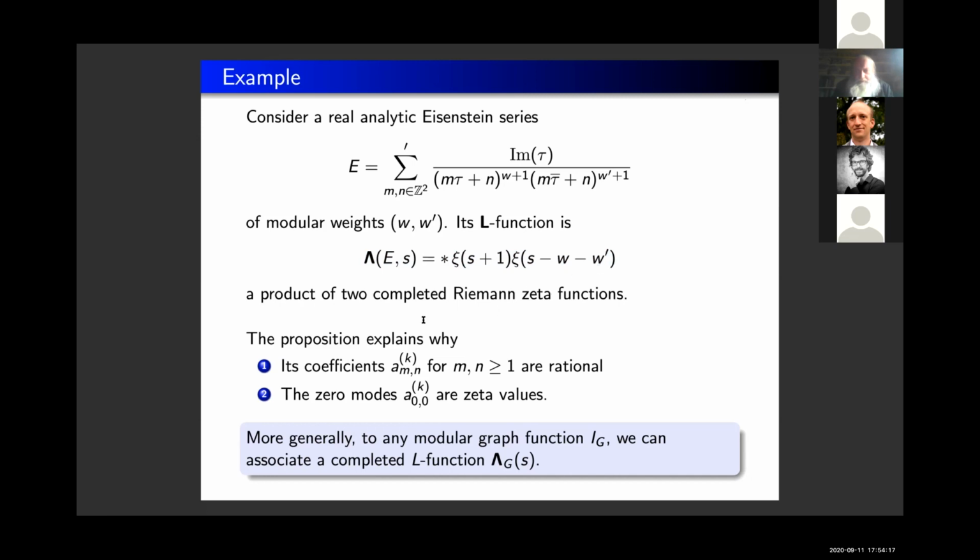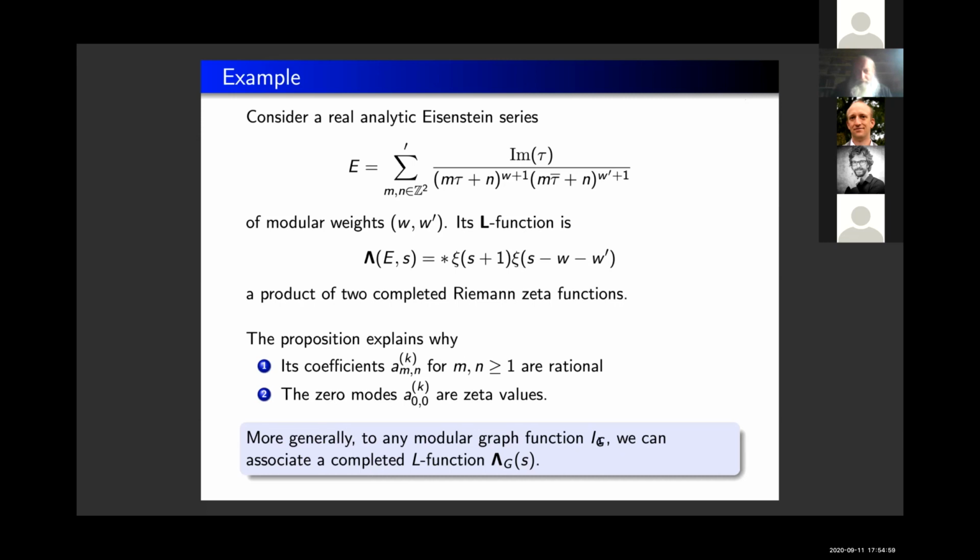And that explains a lot, because if you look at the Fourier expansion of a real analytic Eisenstein series, you know that all the Fourier coefficients are rational, but the zero modes are zeta values. That of course follows from the previous proposition, because the zero Fourier modes are just the residues of this zeta function, and it has exactly two poles. There's one pole coming from one zeta function and a pole coming from the other, and you get an odd zeta value and an even zeta value respectively. So it explains precisely where these zero Fourier modes are coming from.